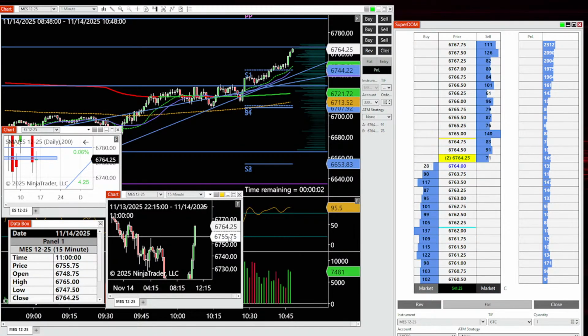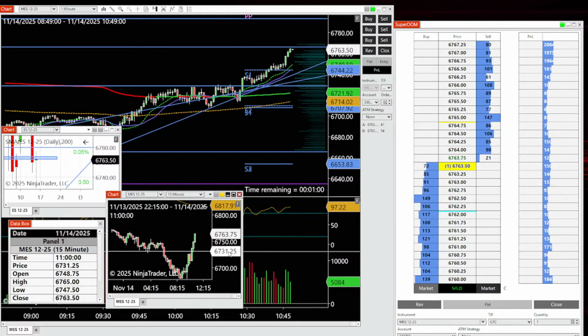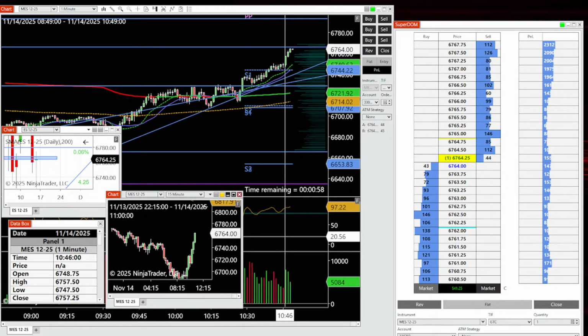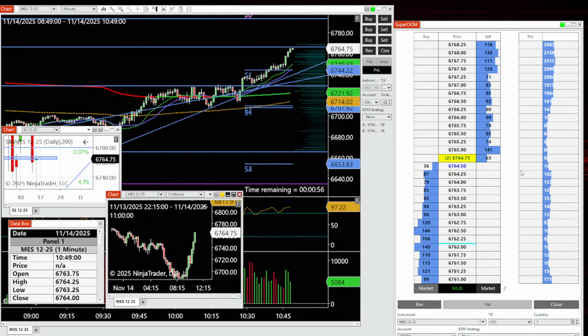It came all the way back up into the green. Crossing the green, not in between. This yellow line is the current open. So we at the current open. Over the current open, and still going. Up 6 points for the day.